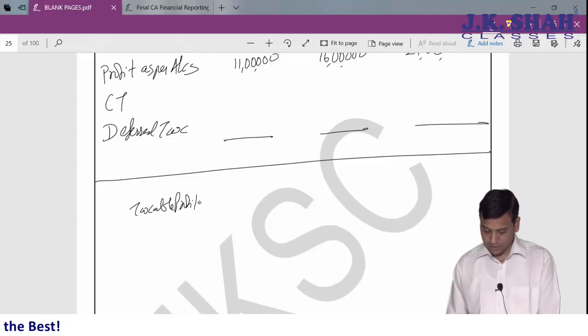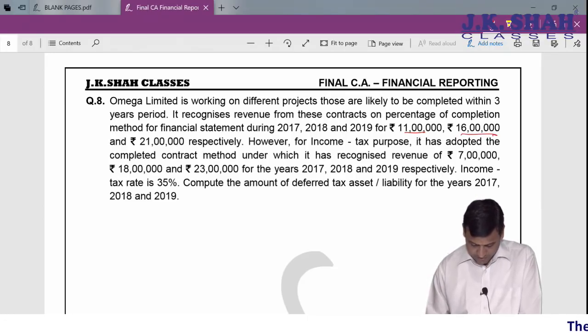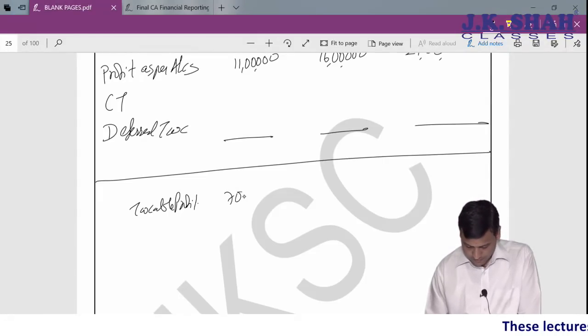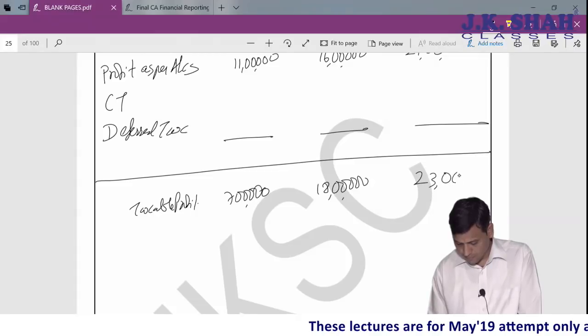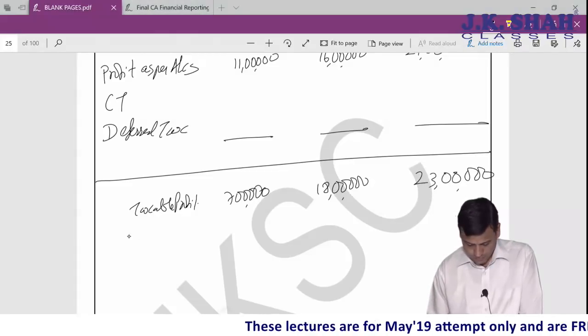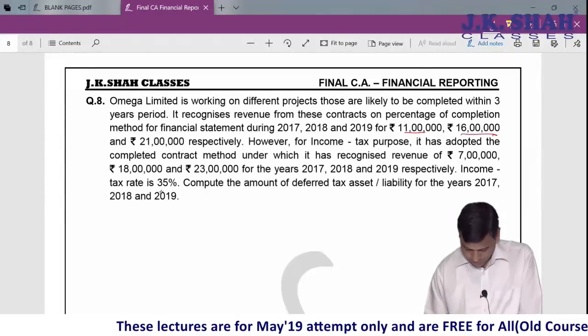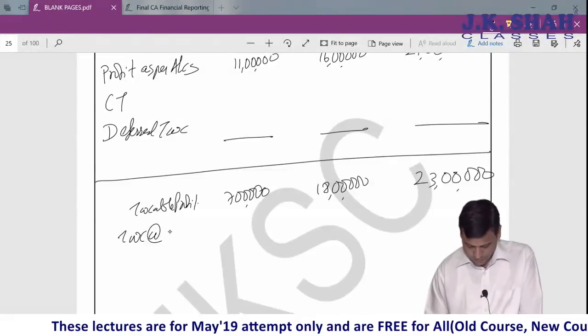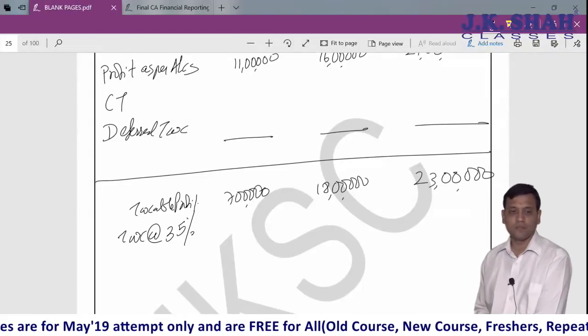They directly gave the taxable profit there: 7, 18 and 23. Tax at the rate of 35%.